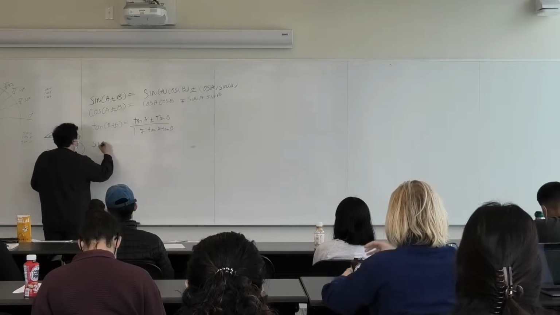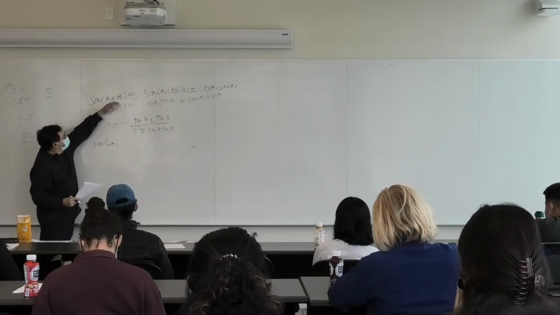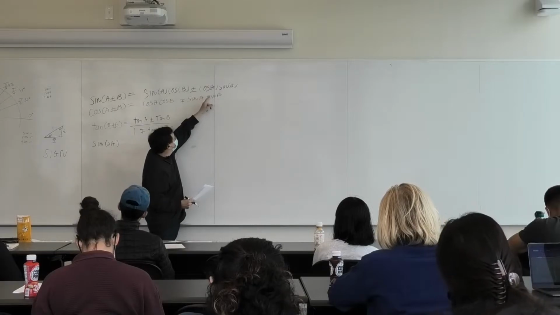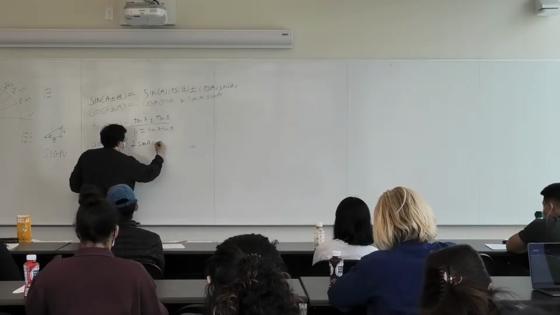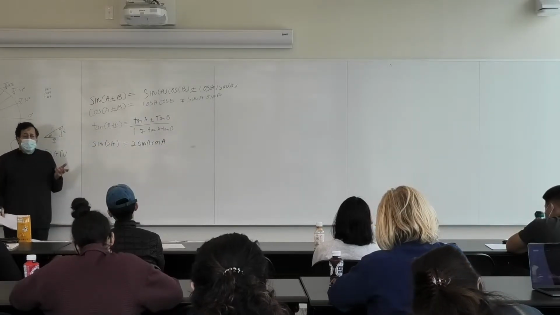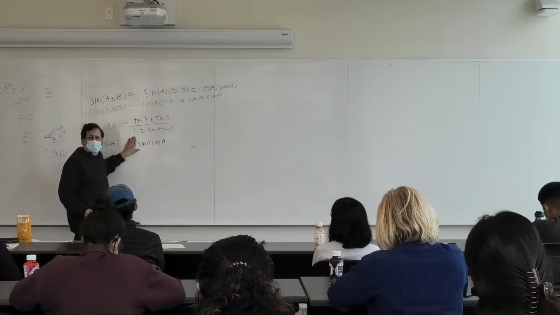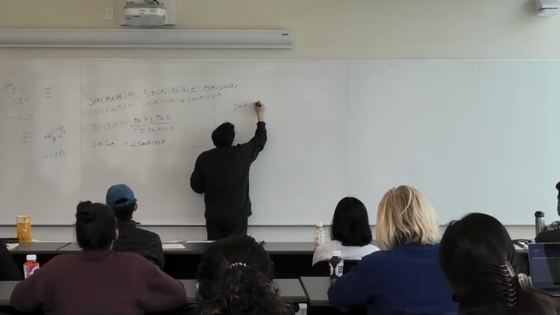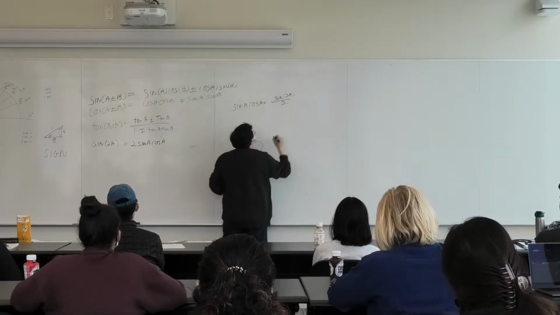If I want to know the sine of 2A, well, that's just the sine of A plus A. So that tells me it's sine A cosine A plus cosine A sine A. So that's just 2 sine A cosine A. The thing to recognize is that this comes up quite a bit, sine A cosine A. So if you see it, you can just think of it as sine of 2A over 2.